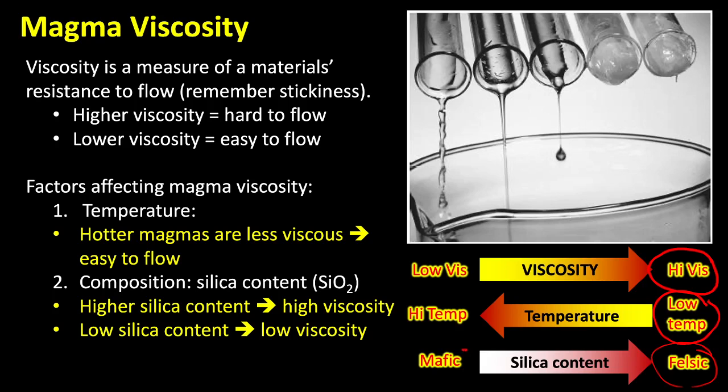So for example, if you have mafic magma right here, it means that it has much higher temperature than felsic magma, and the higher temperature will cause the magma to be low in viscosity. So please remember the relationship between these three factors right here: the viscosity, the temperature of magma, as well as the composition of magma.